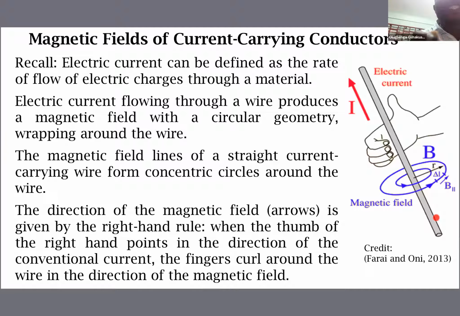And since electric charges are in motion, based on what we spoke about in the last class, that means magnetic field will be set up around the conductor. And the direction of the magnetic field should be perpendicular to the direction of motion, just like we said in the last class.